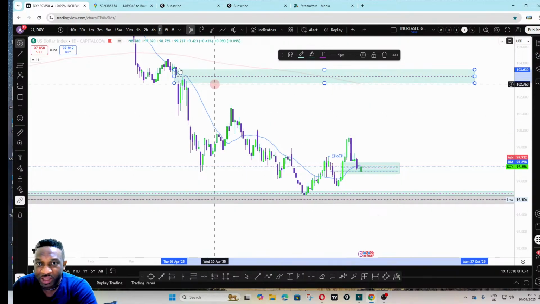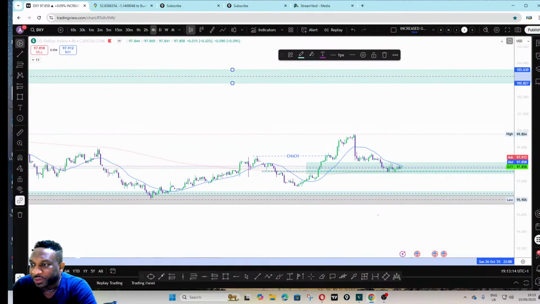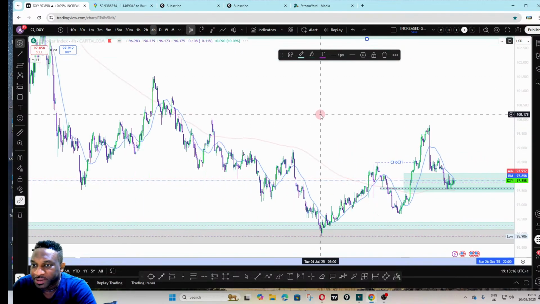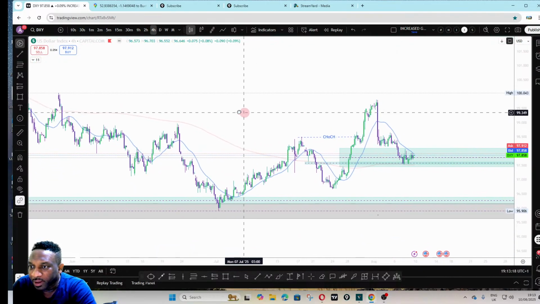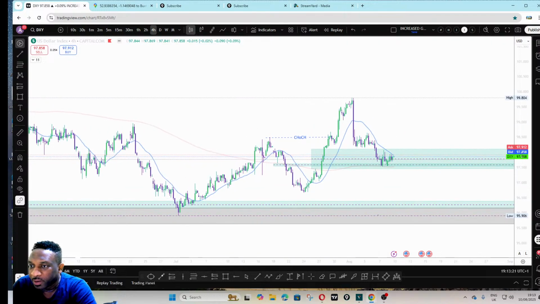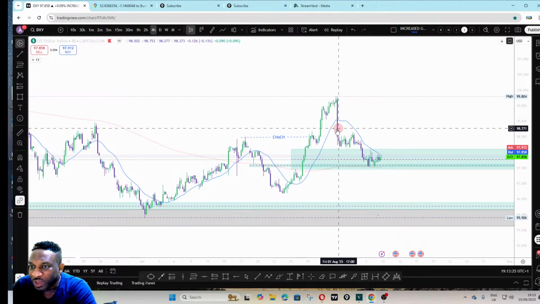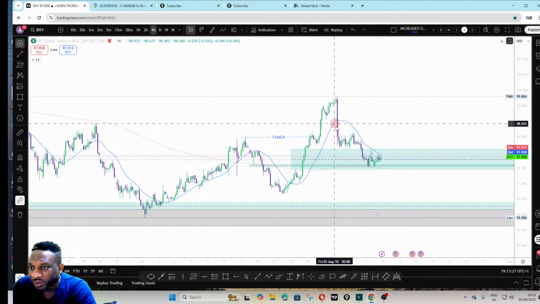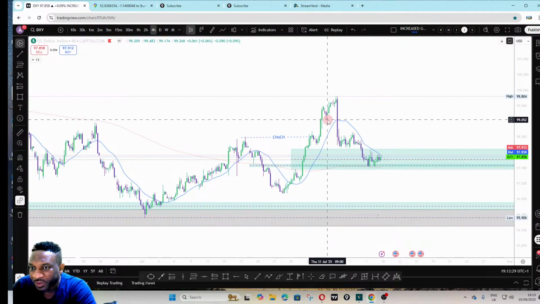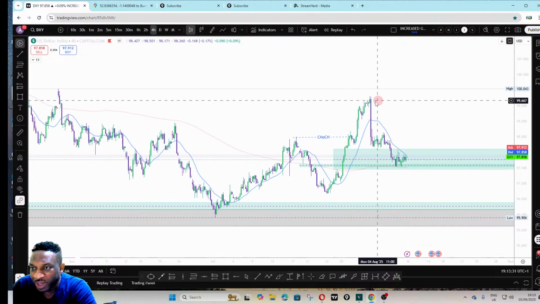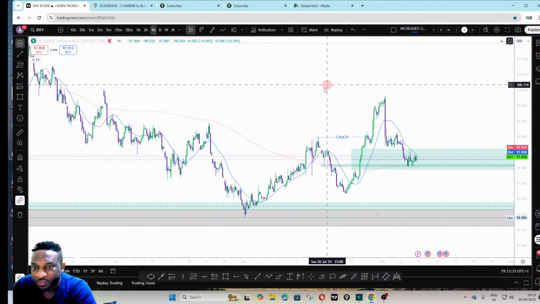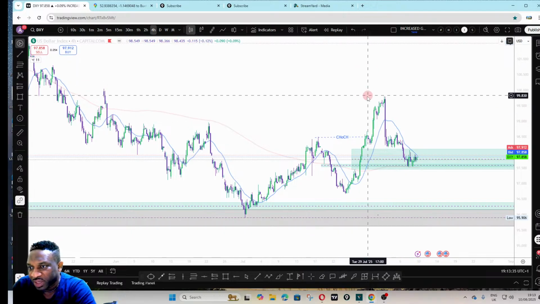So on DSY, if we go down to the 4-hour to further refine it, we will see that on the 4-hour we can also identify this large area of imbalance here that we expect price to fill and then probably push above this area.